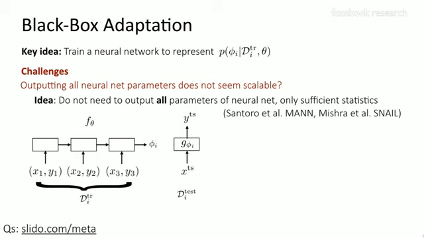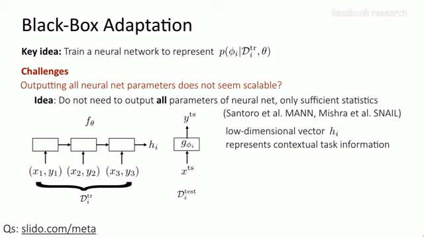And so what we can do is we can take this architecture, and instead of outputting phi, we can output something like h, where h is representing a low-dimensional vector. This will be essentially representing everything that's needed about the task in order to make predictions. Then you can combine this sufficient statistic h with another set of parameters theta g that are also meta-learned along with the parameters of f, such that with both h and theta g, we can make predictions about new data points.